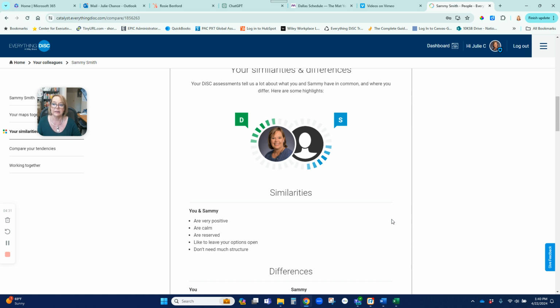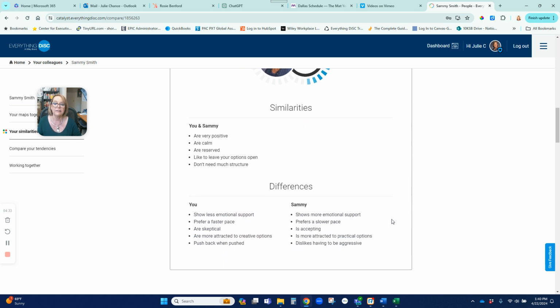Then we look at the differences, because when we begin to understand, appreciate and value differences, that's when we really begin to work together effectively. We understand how the differences influence the strengths we bring to the team, and we recognize those as strengths.